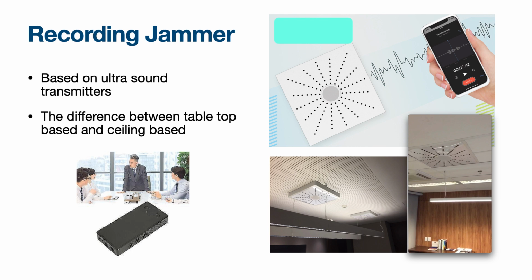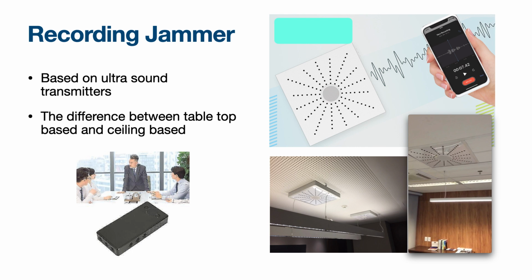When it is placed on a table, for example, and with table-based devices, the effect of the jamming is only significant if the microphone of the recording device has line of sight with the transmitters of the jamming device, which is usually placed in the center of the table. When it does not have line of sight, the efficiency of the jamming is reduced significantly.